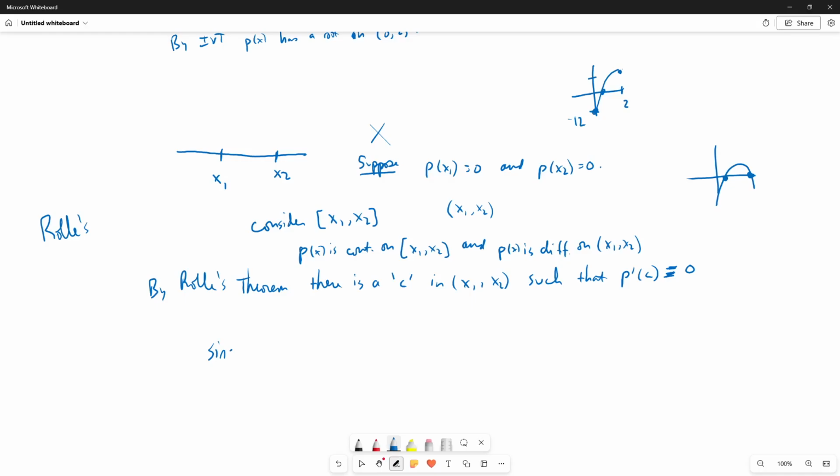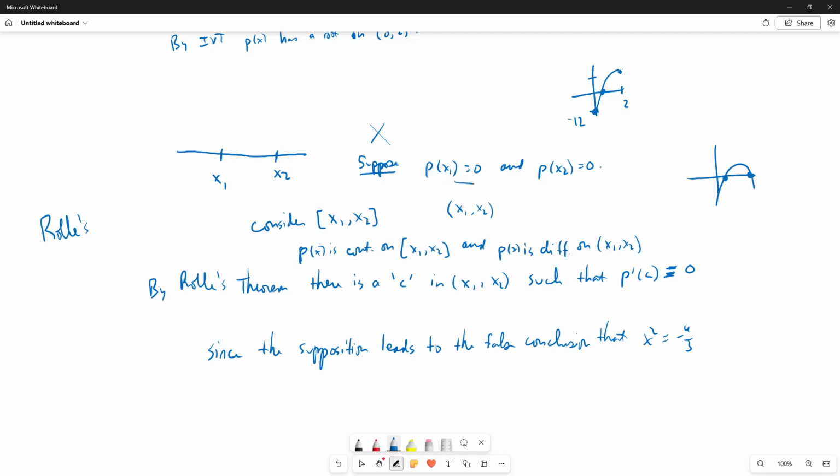So since the supposition, the supposing that the polynomial had two roots, leads to the false conclusion that x squared can equal negative 4/3, that's definitely false.